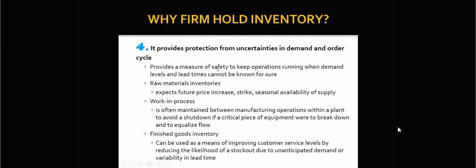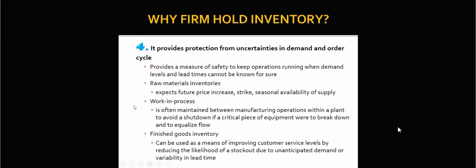Yang ini selalu yang kita nak ketaktentuan yang selalu kita hadapi lah. So jadi bila kita ada inventory, dia adalah sebagai satu langkah untuk kita memastikan bahawa kita boleh pastikan operation tu masih berterusan. Okay. And kita pun tak tahu permintaan banyak mana, okay, penawaran banyak mana.